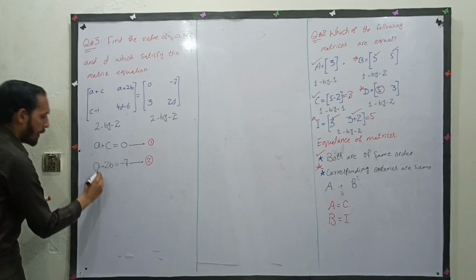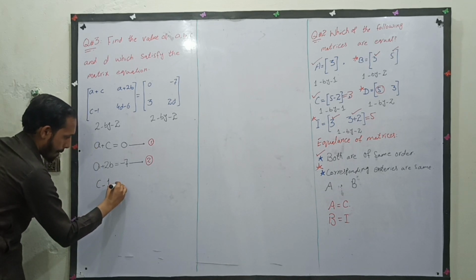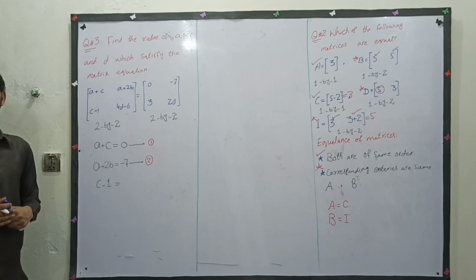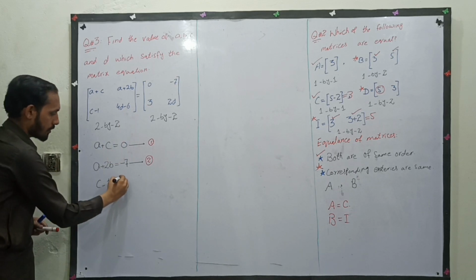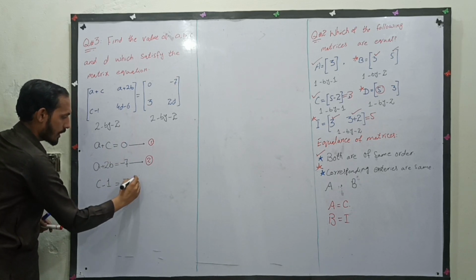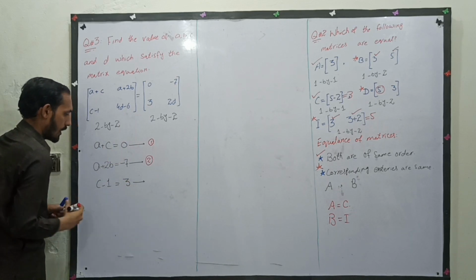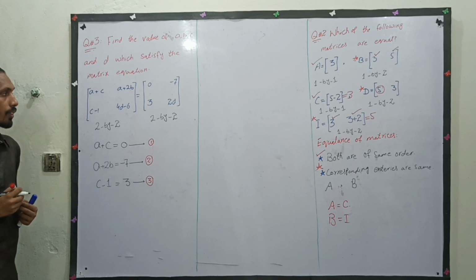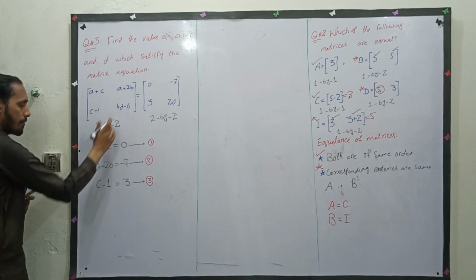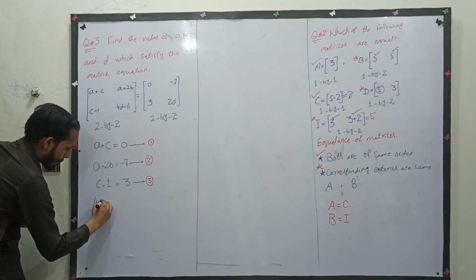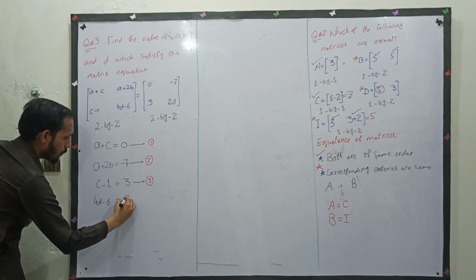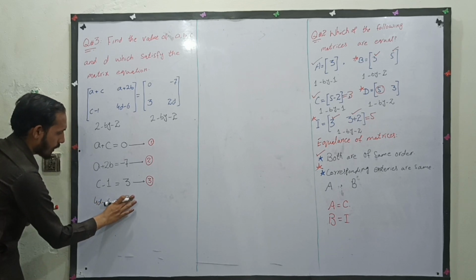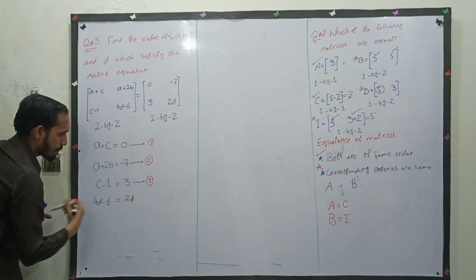Now the third one: C minus 1 is equal to 3. This is our third equation. Now the last entry, 4D minus 6, is equal to the last entry of the matrix on the right hand side, which is 2D.